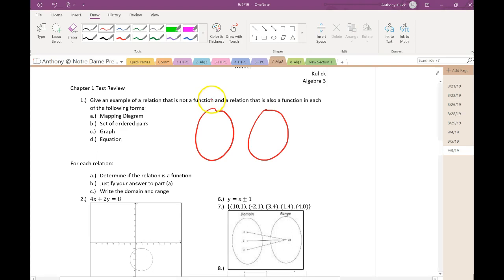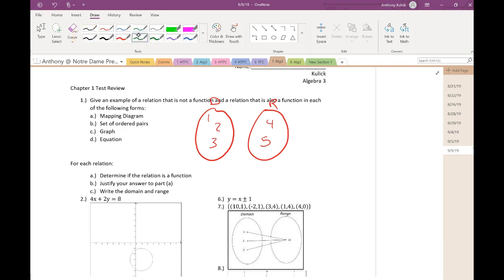Okay. So we'll label the first circle as the domain and the second circle as the range. Does it matter what numbers I write in here? No. Within a little bit of reason, what's the one thing that I can't have going on in here? Repeats. So I can put in whatever numbers I want in here, but I can't have anything repeated.